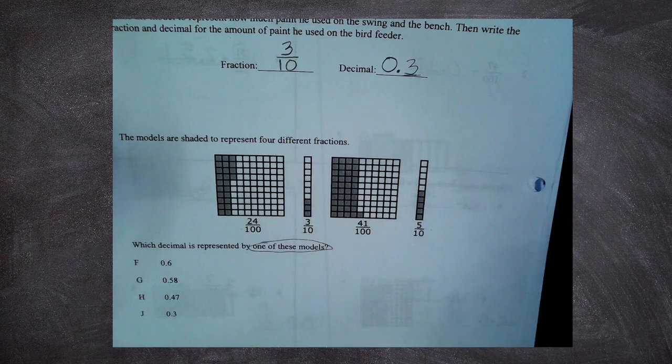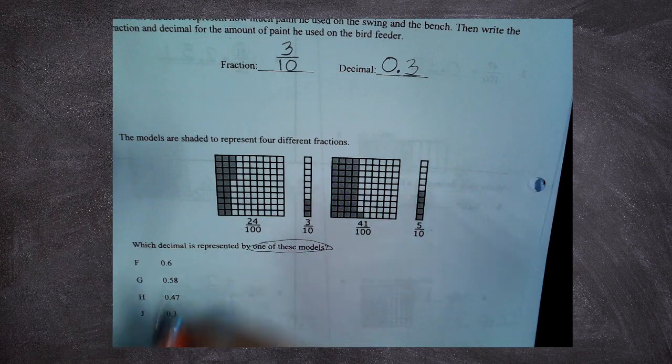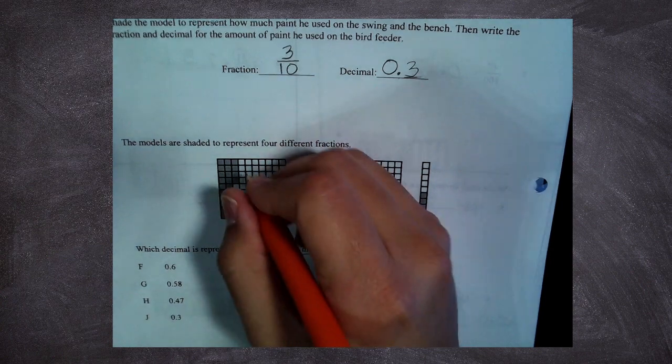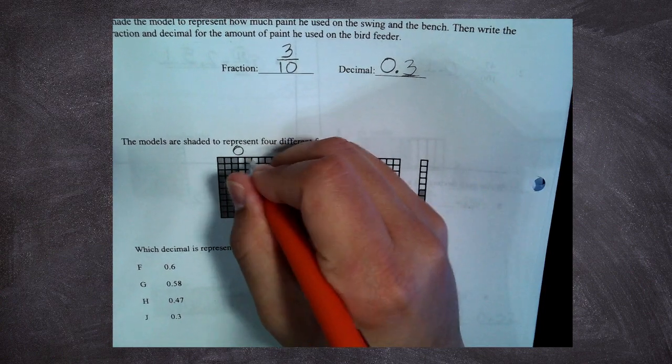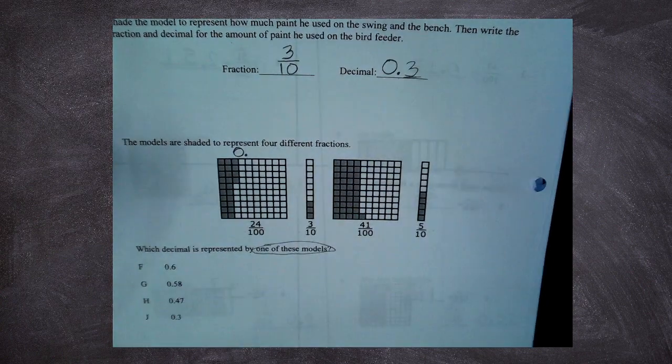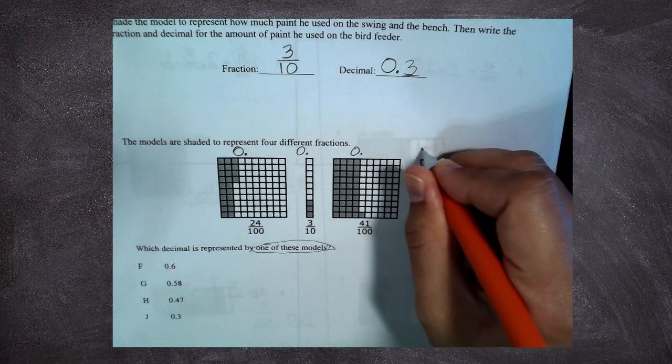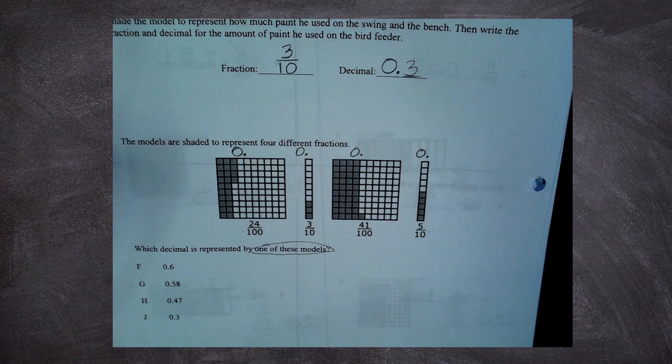Let's start with this one because it comes first. Since they put the fractions on the bottom, I'm going to put my decimals on top. 0 decimal. I'm going to go ahead and start my other ones. So all of them are 0 decimal something.